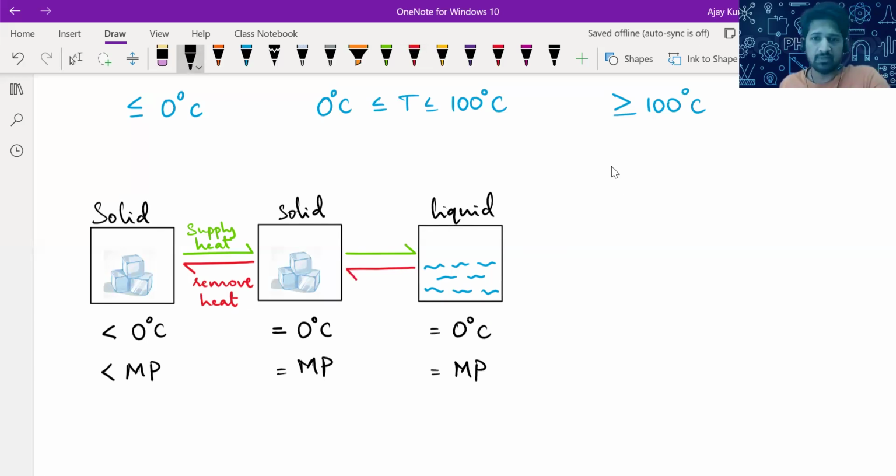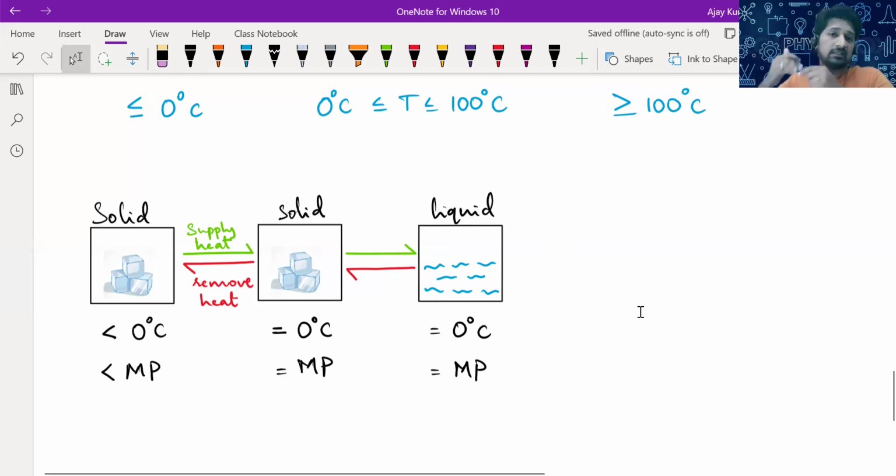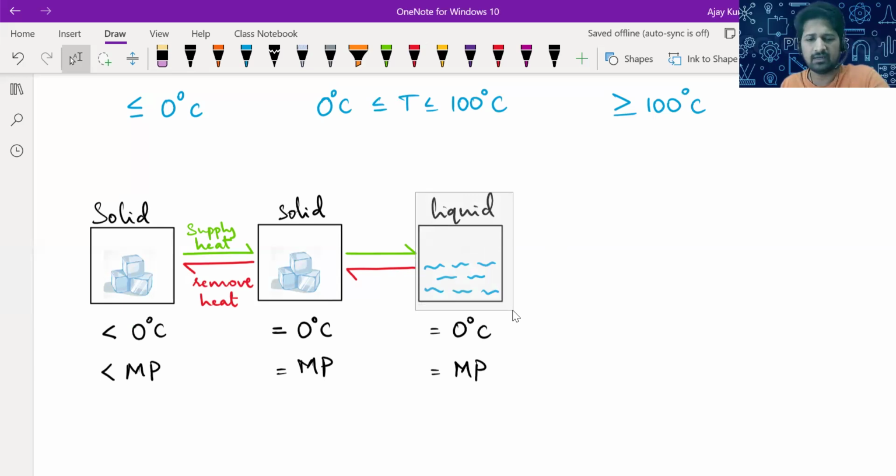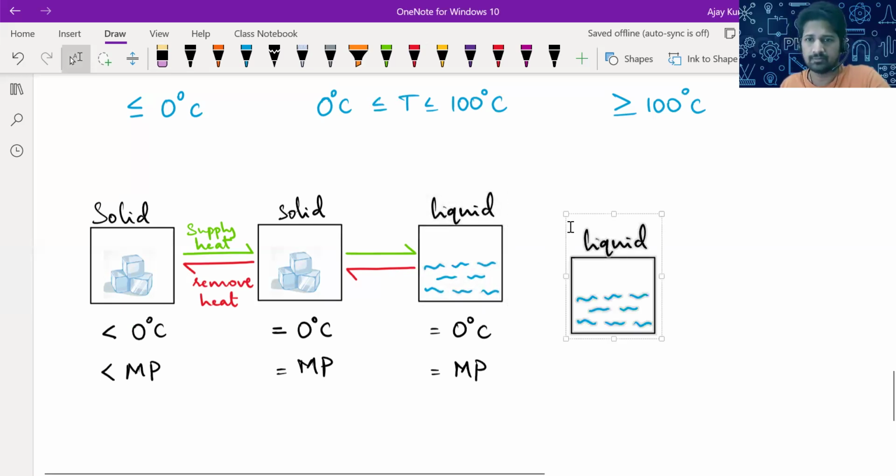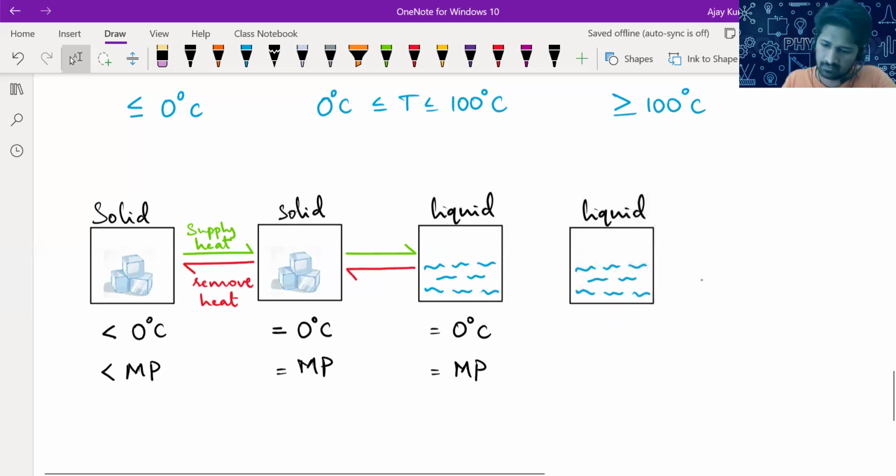Now, if liquid is at melting point temperature and you supply heat to it, what will happen? Its temperature will rise. The liquid's temperature can be raised till it becomes equal to the boiling point temperature. So if you supply heat to a liquid which is at or above melting point, it can go up to boiling point temperature, not beyond that.